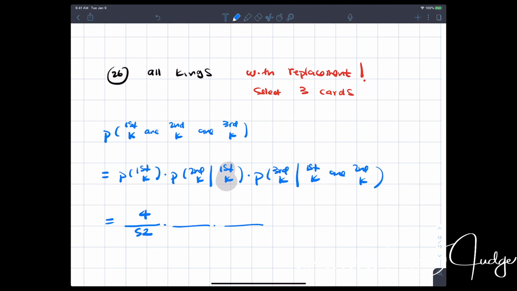What do we do with that king? Did we throw it out the window? Or did we put it right back in the bag, or back in the shuffle to reshuffle again, back in the deck, right? What'd you do with that first card that you selected that was a king? Did you put it back, or did you leave it out? So question 6 and the rest of them from this point, what do we know? If you guys recall, this is again what? With replacement.